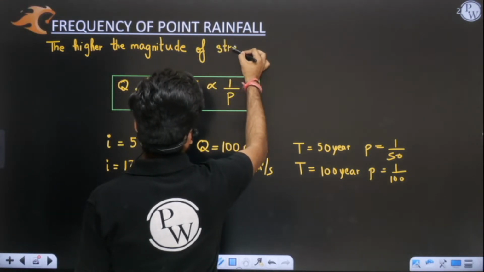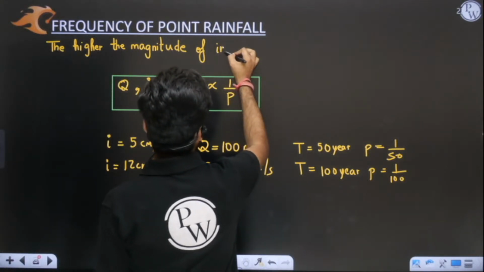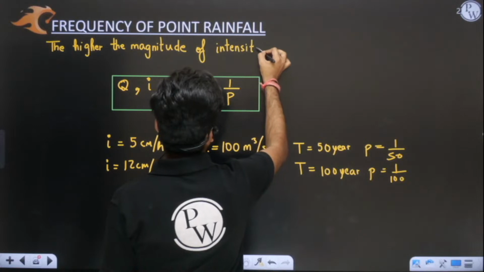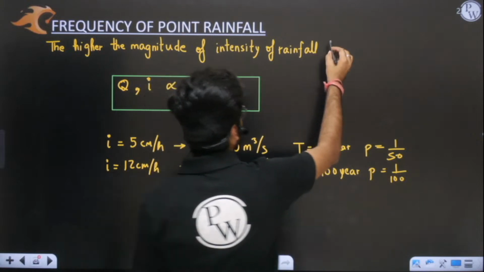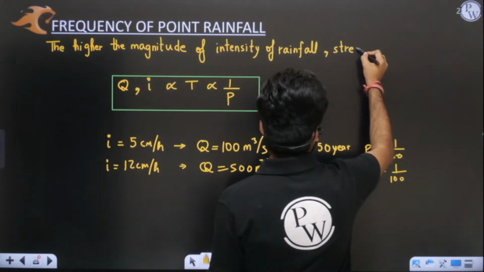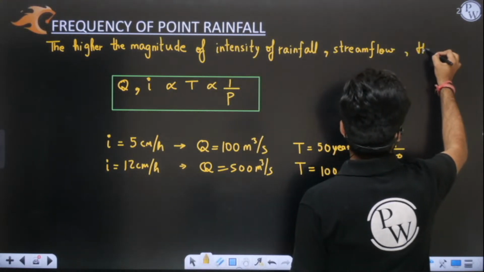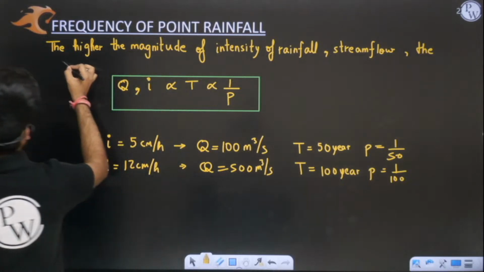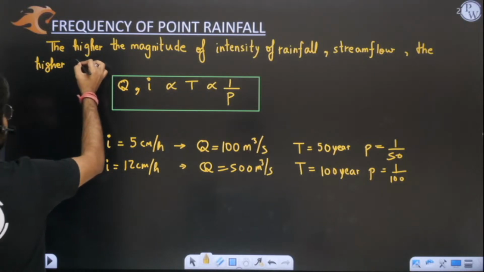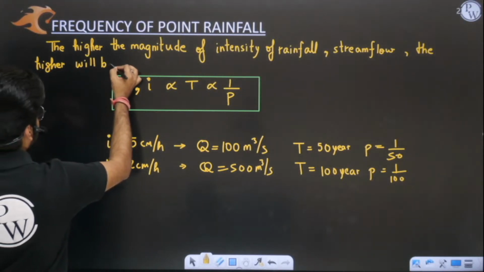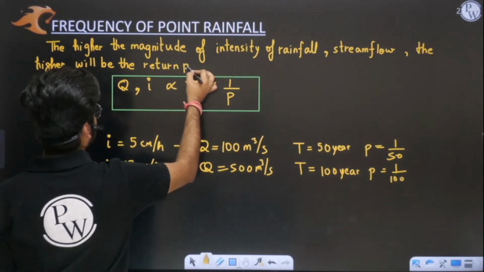The higher the magnitude of intensity of rainfall, comma, stream flow, the higher will be the return period, because it will be rare. Such kind of events are rare.